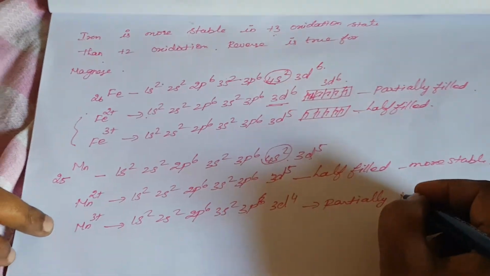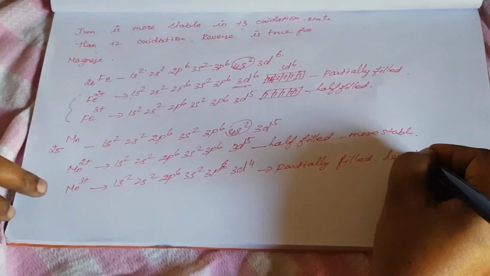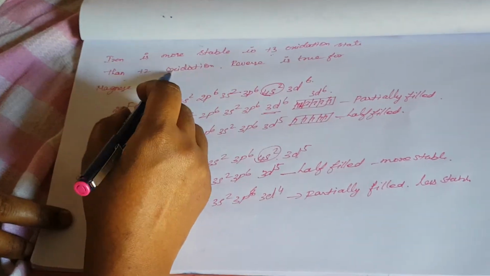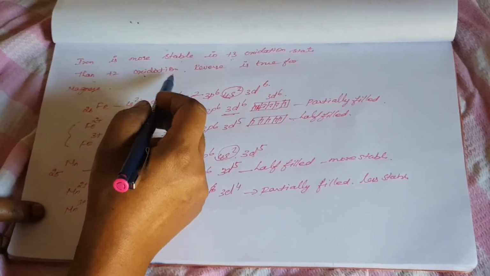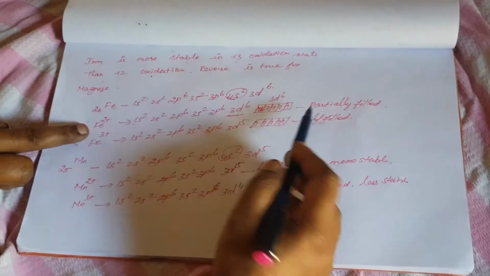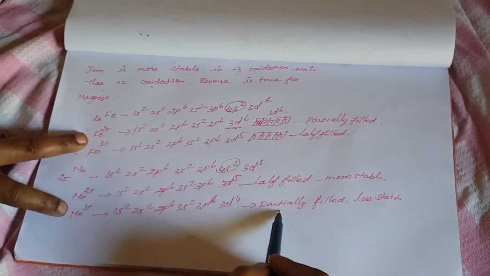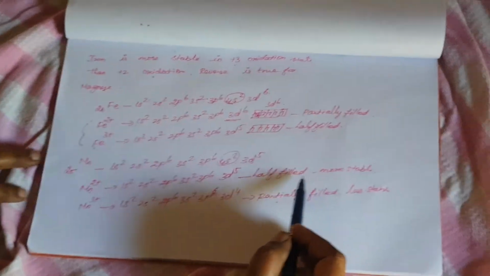This is partially filled, so it is less stable. So the question: iron is more stable in +3 oxidation state than +2, and the reverse is true for manganese. Here Fe2+ is partially filled, Mn3+ is partially filled, Fe3+ is half-filled, and Mn2+ is half-filled.